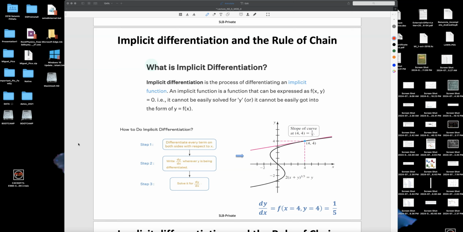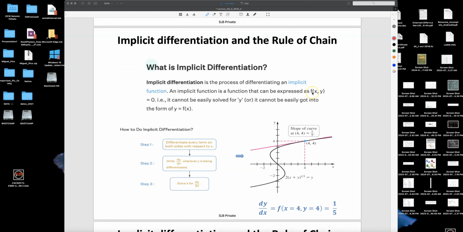That's basically the definition of the implicit function. That's what I mentioned over here. An implicit function is a function that can be expressed in this way, equals to 0. Then it cannot be easily solved for the dependent variable.